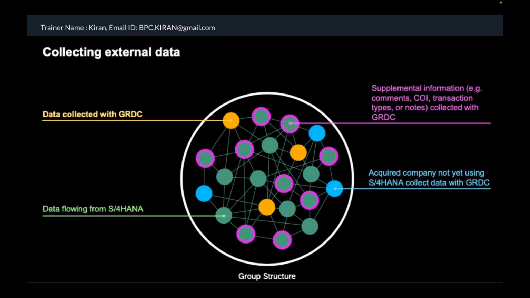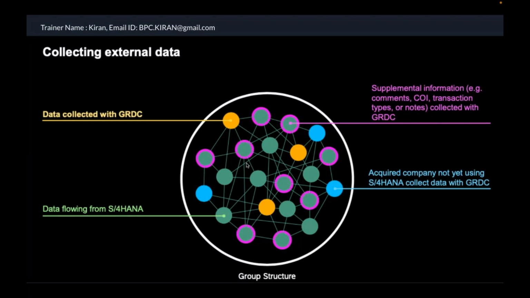Some customers have 25 entities and different sources for these units. If you observe, data can flow from S/4HANA, the universal journal. These are all my entities, so 1, 2, 3, 4. I have some 15, 20 entities, for example.